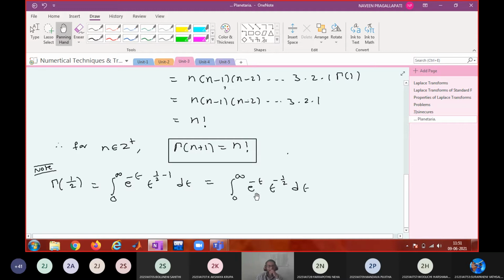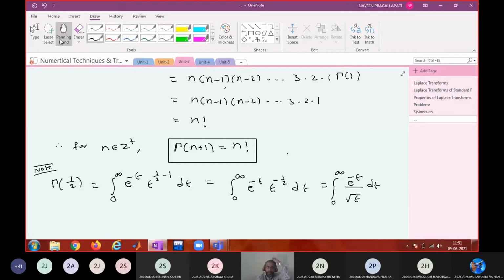So what is the substitution you are thinking of to find out this integral? Can I substitute anything to simplify this?